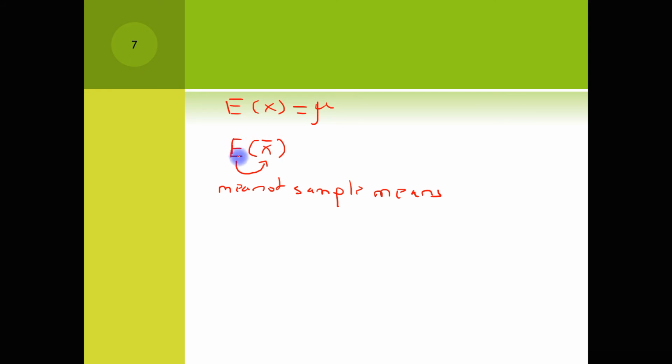Just because I'm using expectation notation, you already understand that x bar is a random variable. So the mean of the random variable x bar is also equal to the population mean, which is mu. That's the first observation that I have formalized here in a mathematical definition.